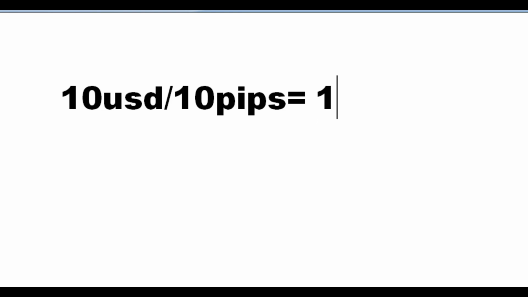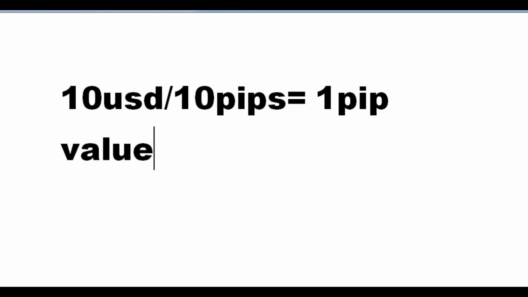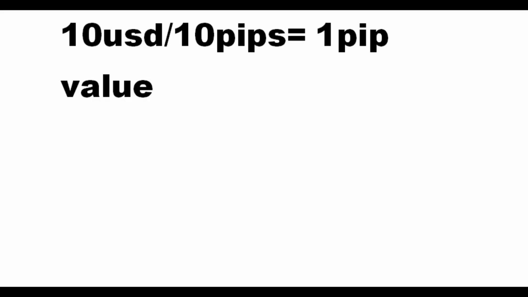You are going to get 1, and here you are calculating the pip value, which means that the correct lot size you are going to use, which is a mini lot, is going to be 0.10.